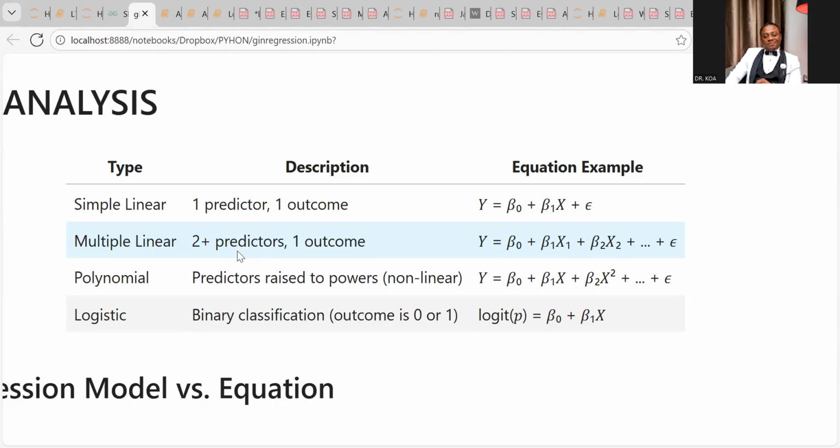Limited dependent variable regression. Take note. And there are quite a number of them. Some of them are basically two and just two. They are the logistic or binary classification. But we also have other ones like censored, probit.